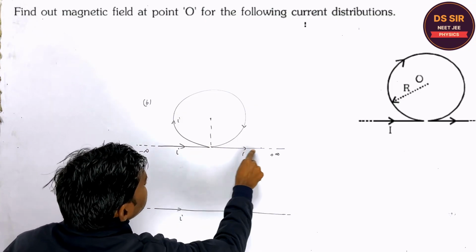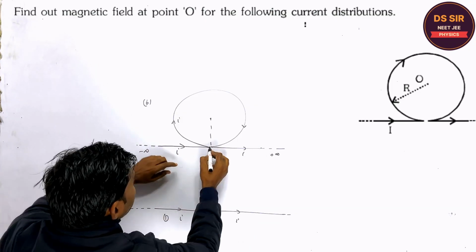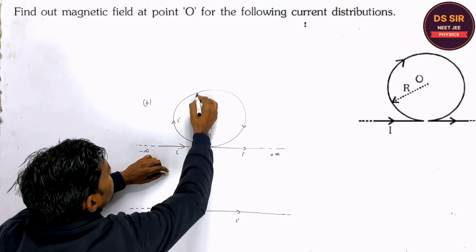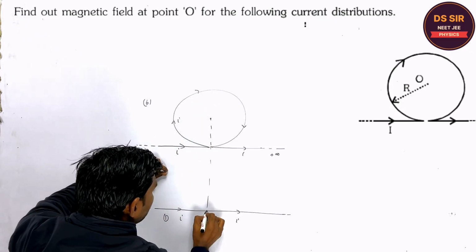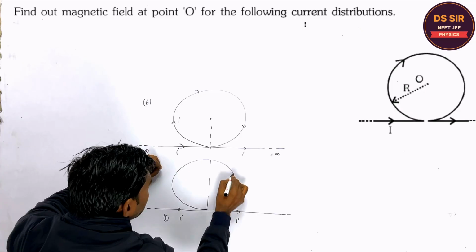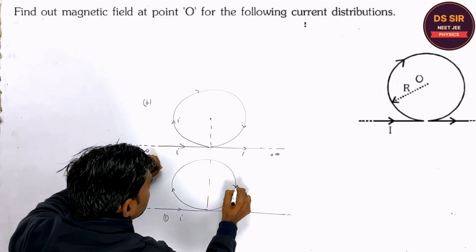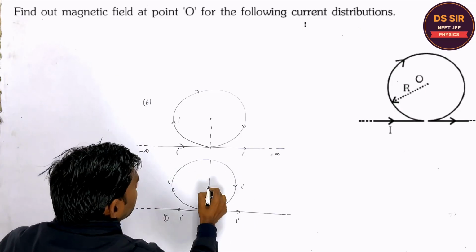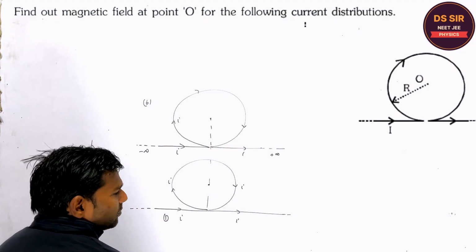So you can consider this the infinite wire, the one portion, and this is a very small gap. You can consider this is the loop, and the current in this loop is in this direction. Is it clear or not?